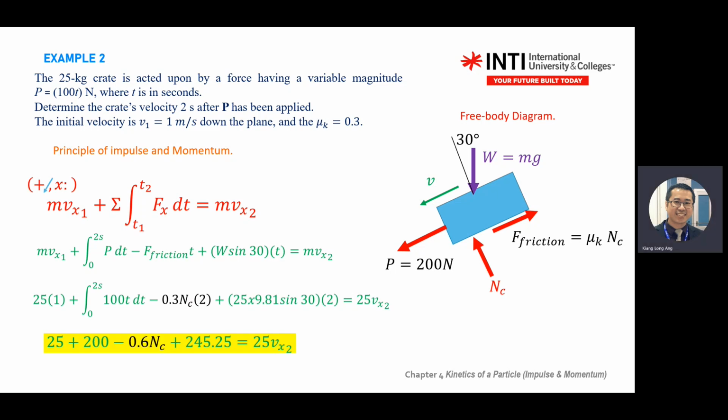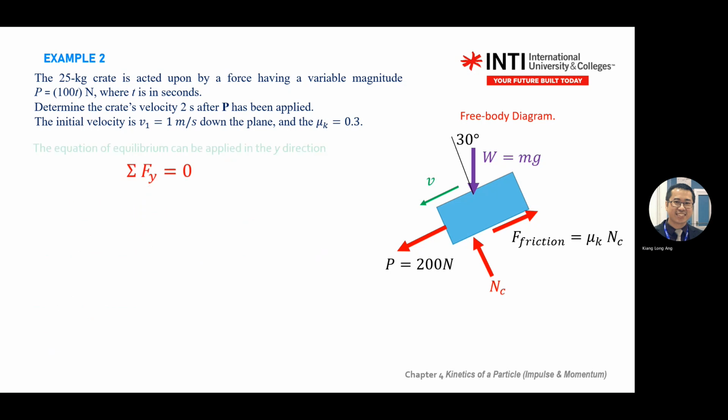You do integration, you find you have NC and V2, you have two unknowns there. You go to Y. So in Y, the sum of all the forces in Y is 0. Why is the right hand side 0? So your acceleration in Y is 0.